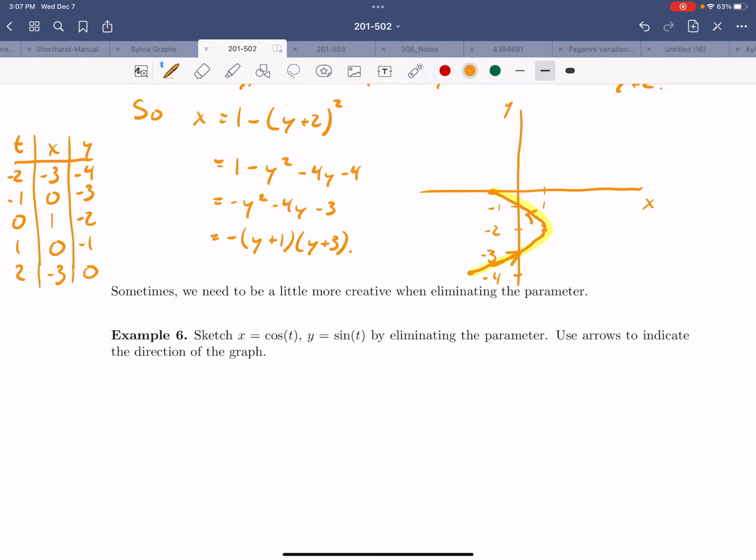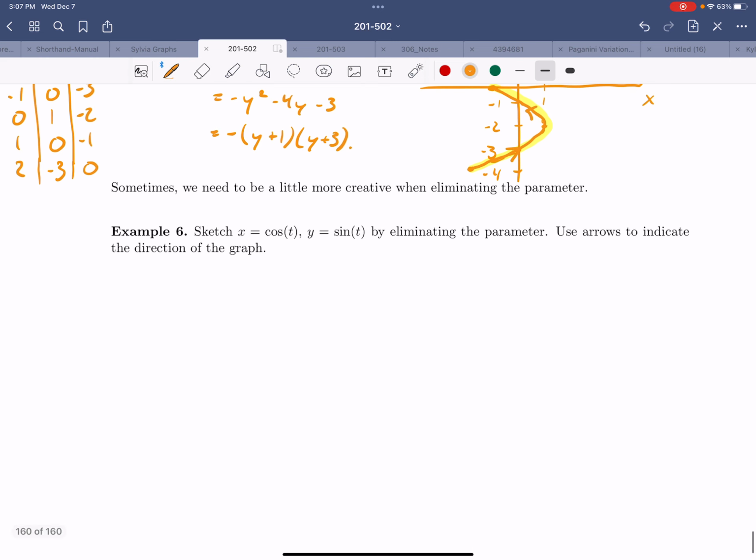Now next up, here we have our old friend, x equals cosine t, y equals sine t. Now we know that this is a circle, but here I say sketch it by eliminating the parameter. Well, we know cosine squared of t plus sine squared of t equals 1.